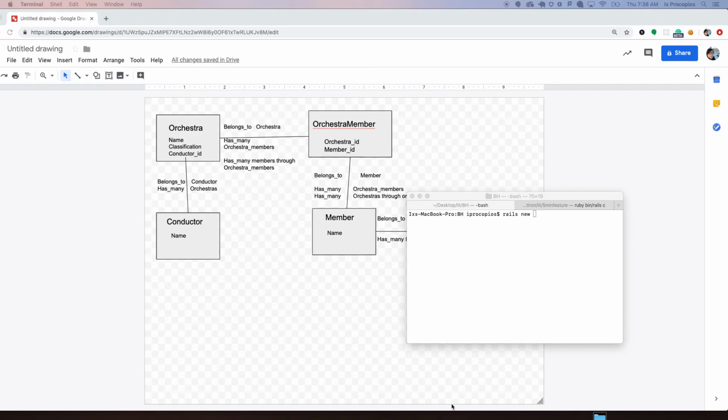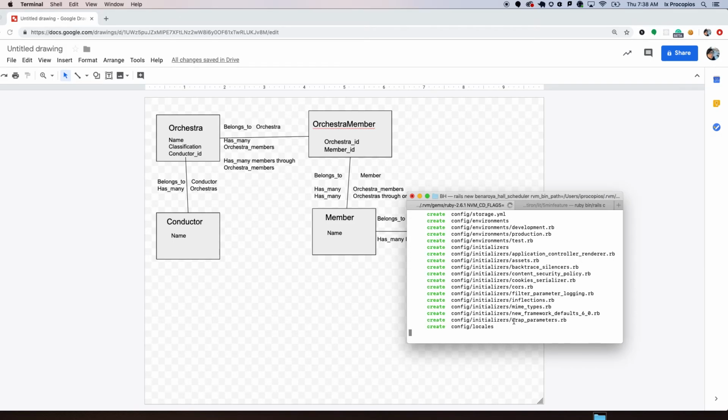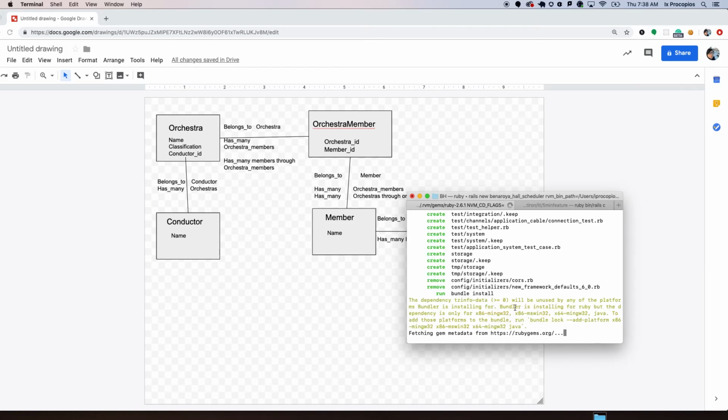Let's call it Benaroya Hall Scheduler. For those of you who don't know, Benaroya Hall is the orchestra and symphony hall across the street.